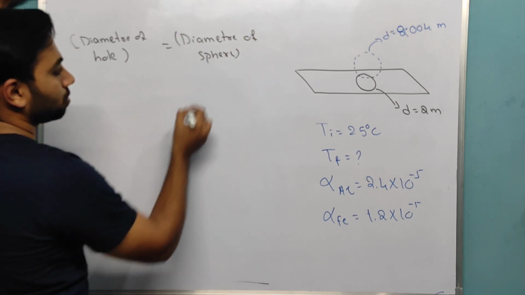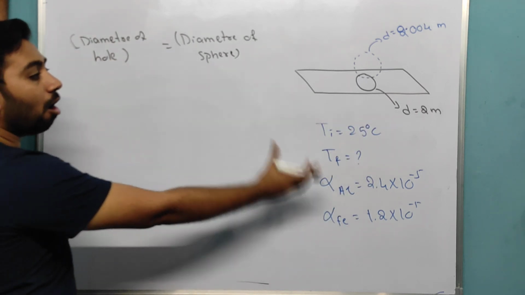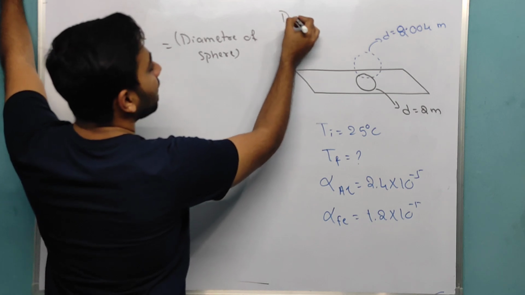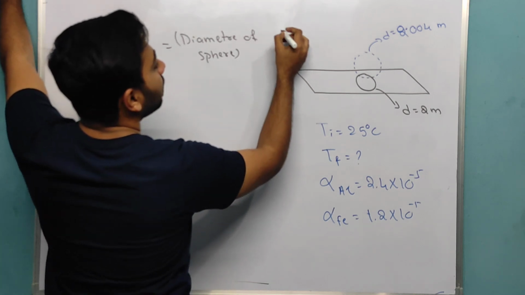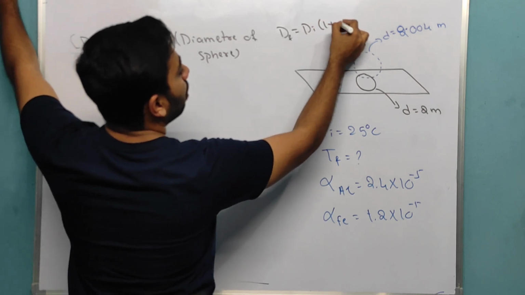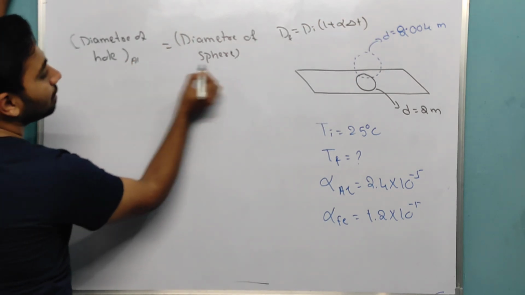I will start with this. Now they are changing, right? After heating. So can I write the changed diameter as initial diameter into 1 plus alpha delta T? Yes, I can write. So if I write, this is aluminium, this is iron.